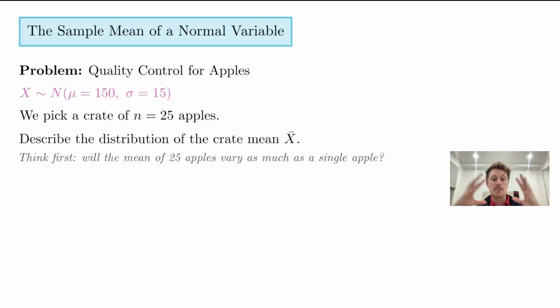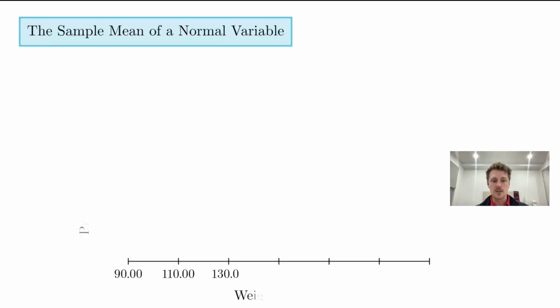But if you were to take the mean of your crate, I think you would agree that if you're taking the average of, say, 25 apples, it's not going to vary as much. The mean of the crate is not going to vary as much as a single apple would if you just collected it from the orchard. And that should make sense, right? It's not going to vary as much.